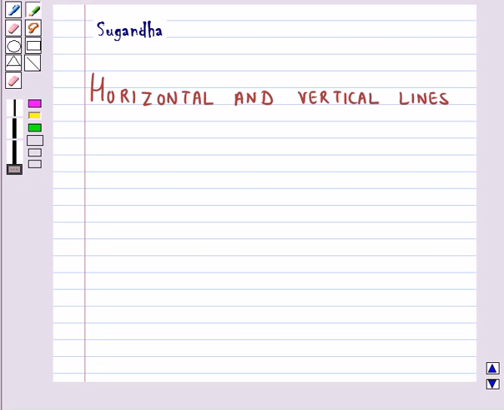In this session, first we are going to discuss horizontal and vertical lines.